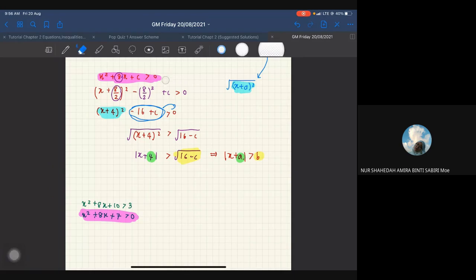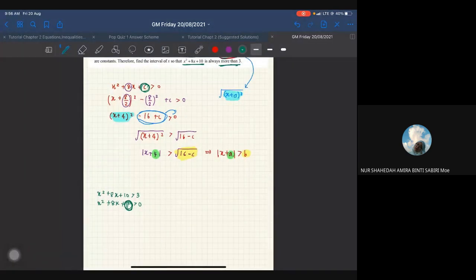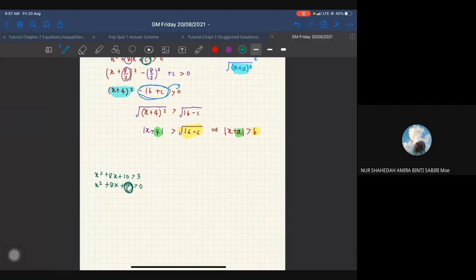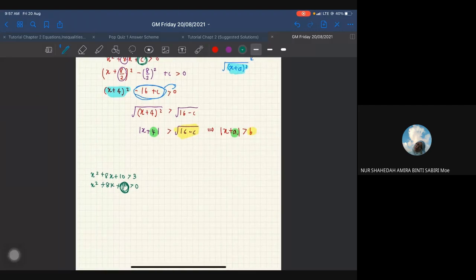Saya akan ada modulus x plus 4 greater than 16 minus C. Tapi sekarang kita dah tahu kita punya C apa? So we know that our C now is 7. So just substitutekan sahaja C kita sebagai 7.